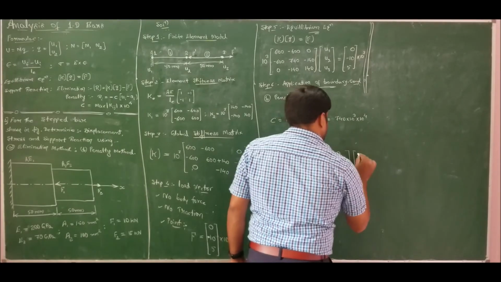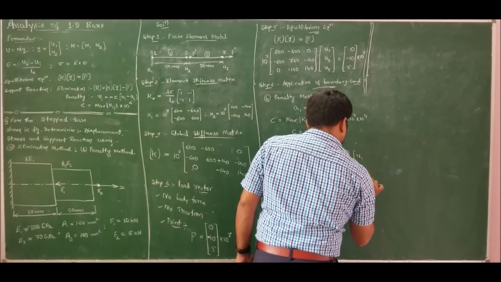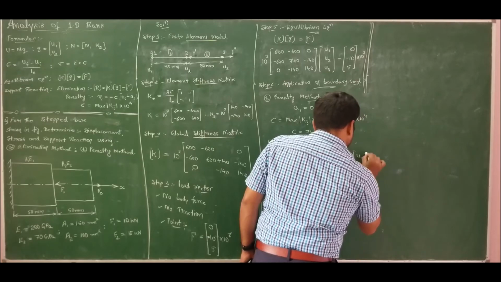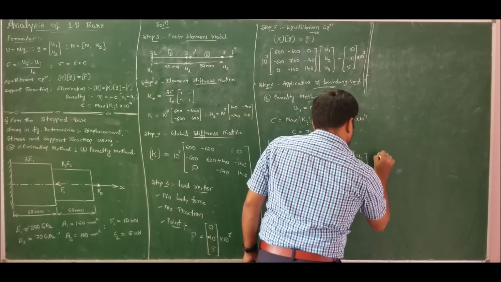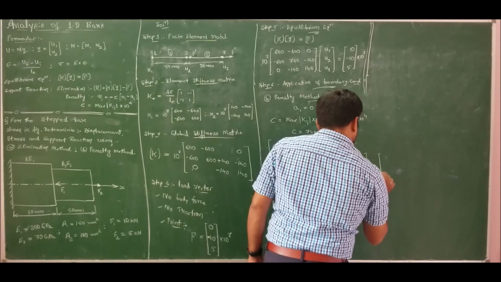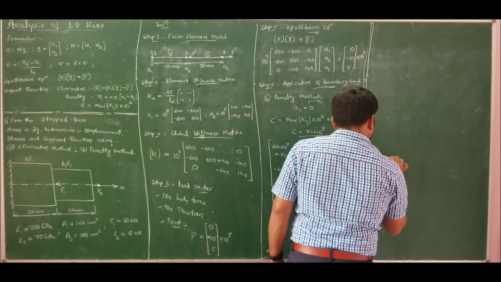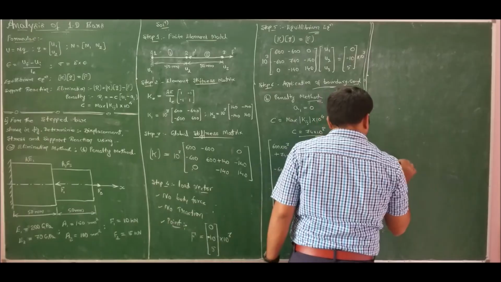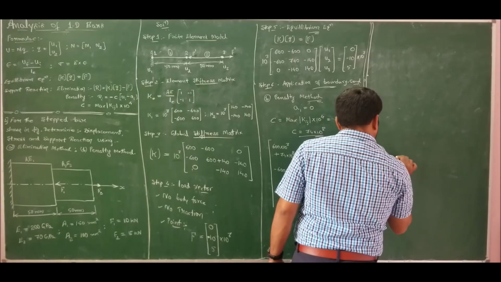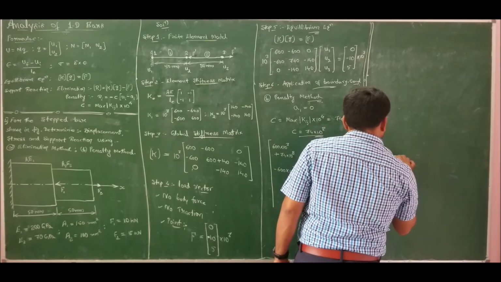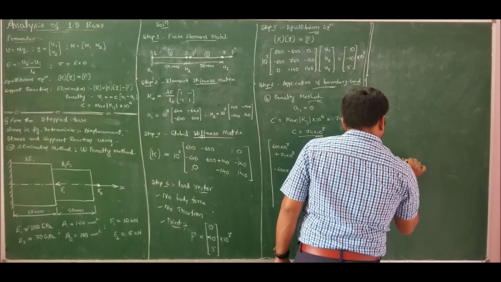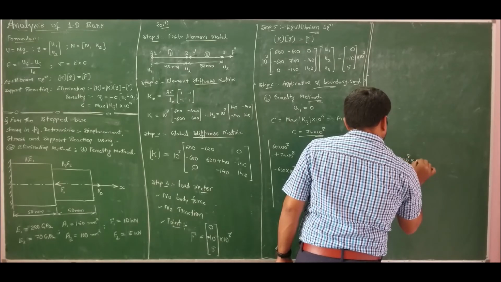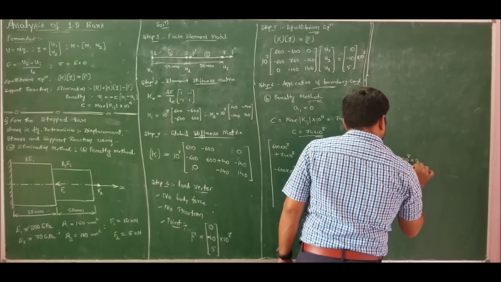K times the Q matrix, which is U1, U2, U3, is equal to F1 plus C A1. F1 is 0, the force at node 1, not that F1, don't get confused. Force at node 1 is 0 plus C times A1. C is 74 times 10 to the power of 8 times A1, which is 0.